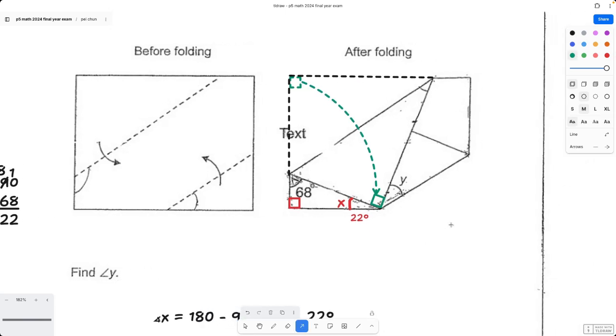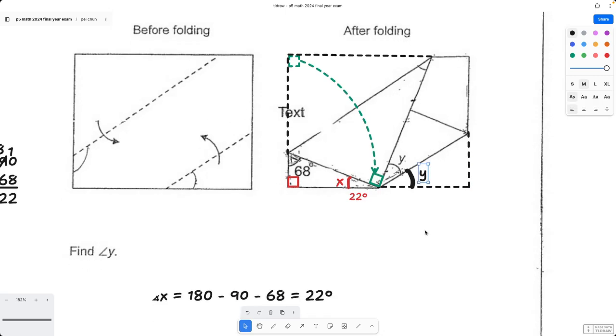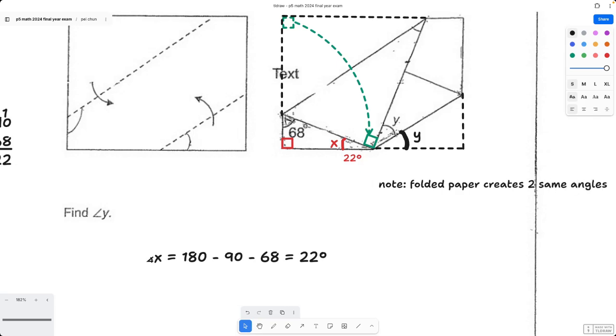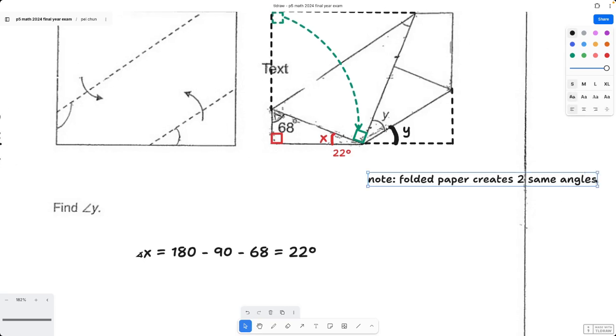And at the same time, I'm gonna draw another line. This y over here is also, I'm gonna put this black. Okay, great. This is also y, right? So just put notes: folded, also folded. Paper creates two same angles, which in this case is angle y, right?